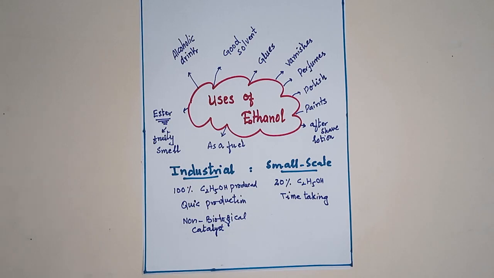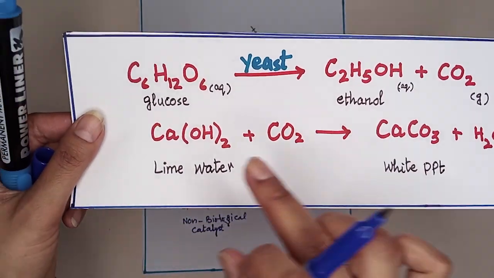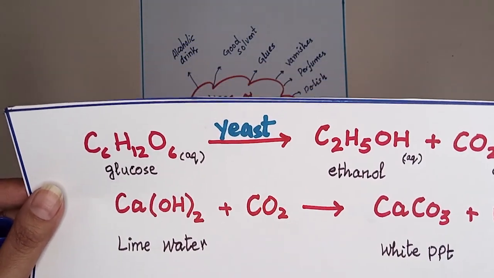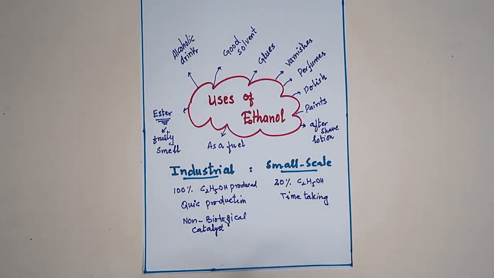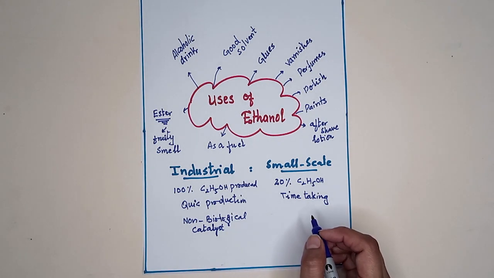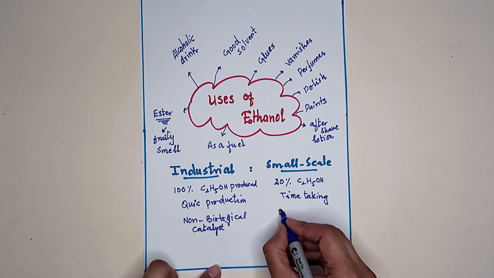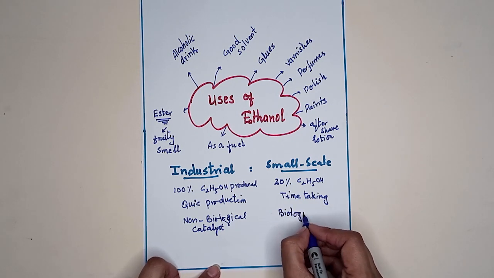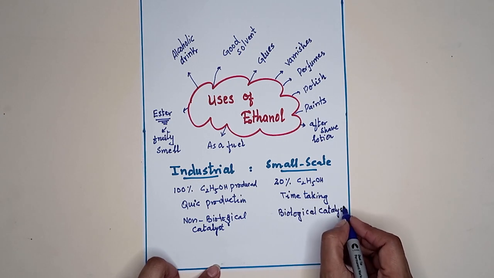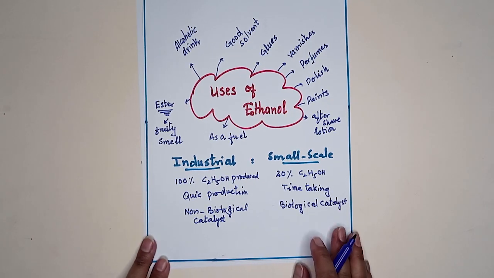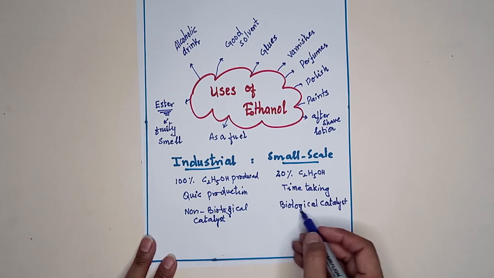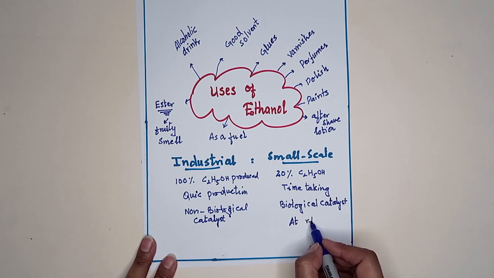But the catalyst required for fermentation, a biological process, is yeast. Yeast has the enzyme zymase, which catalyzes the reaction, so a biological catalyst is required in this process. Fermentation can take place at room temperature and pressure.